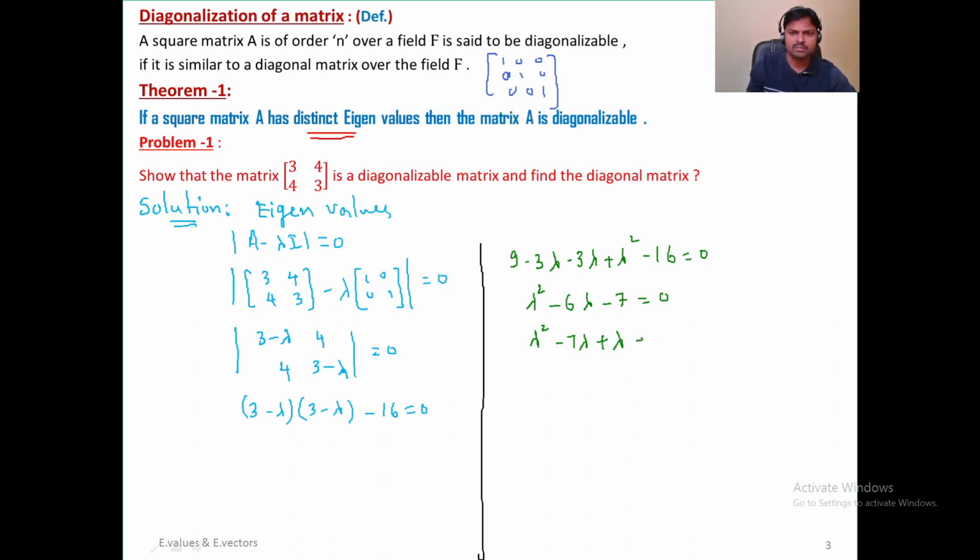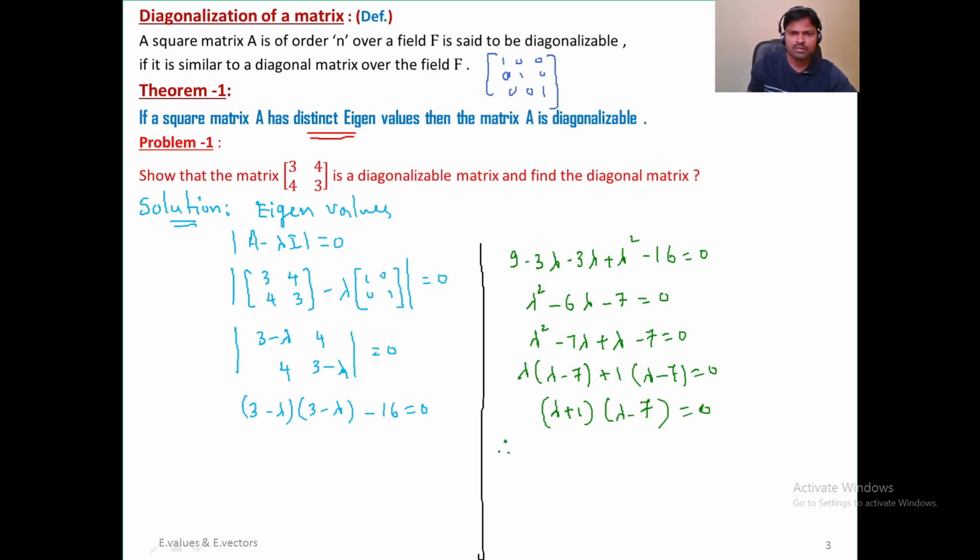Perfectly satisfying. So then let us take lambda outside: lambda minus 7 and plus 1 is common. So overall lambda plus 1 into lambda minus 7 is equal to 0.